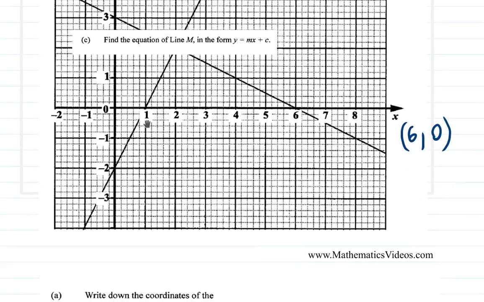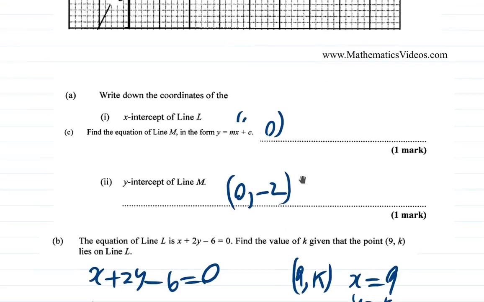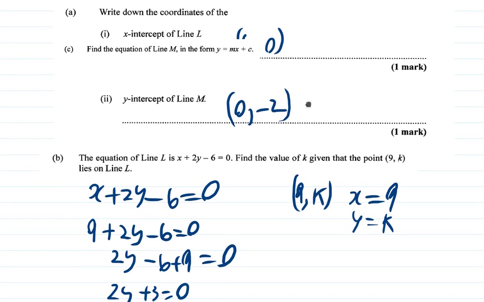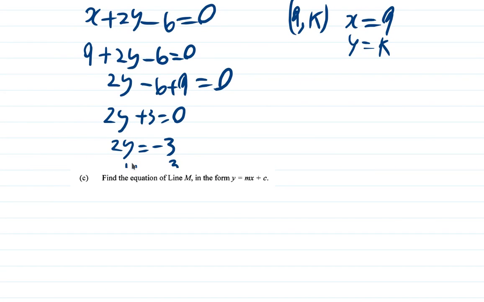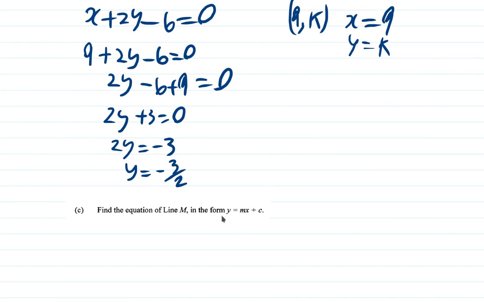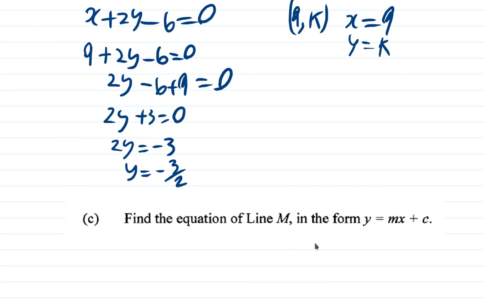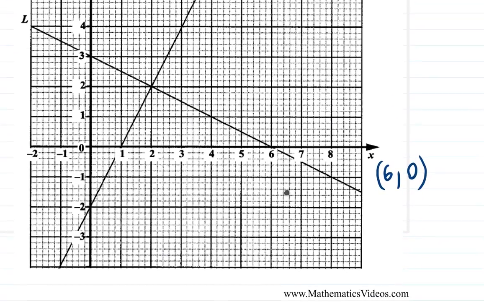Oh, all the way up here. Let's drag it down again, all the way down here. Nice. So that is part C. Find the equation of line M in the form y equals mx plus c. Where is M? This is line M.